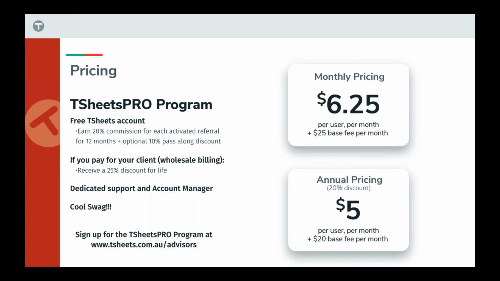So basically, if you refer a client to TSheets and they activate, so they start paying for their TSheets account, you can earn a 20% commission for each activated referral for 12 months. And then you have an optional 10% pass along discount. So that's just for you being part of our pro program. You'll have a unique affiliate link that you can share out to your clients. So that's how you'll get credit or, basically, get linked to their accounts.